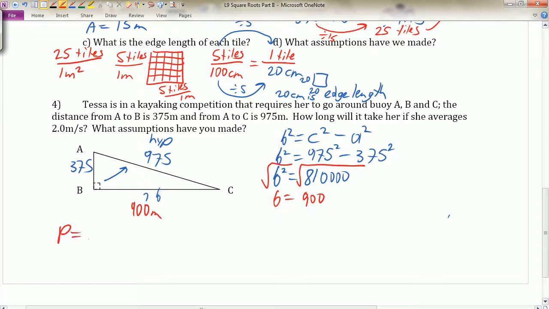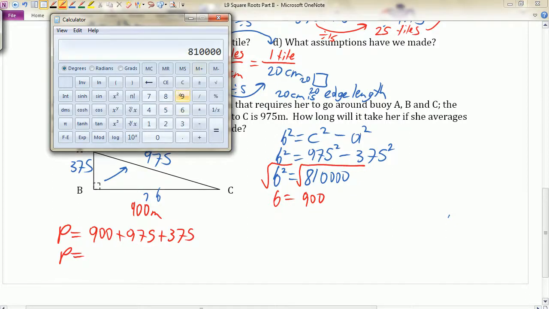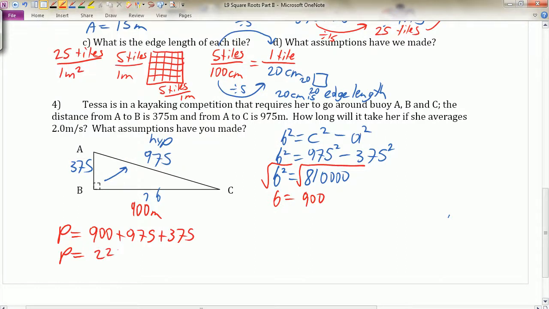Now you can find the perimeter. So in a triangle, we simply add all three sides. And this will tell us the total distance that she paddled. So she paddled a total distance of 2250 meters.